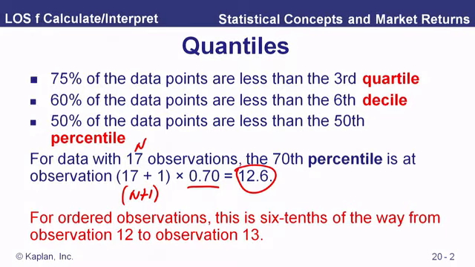So for ordered observations, this is 6/10 of the way from observation 12 to observation 13. So remember the formula n plus 1 times the percentile as a decimal, 0.7 here, gives you the position. Then we have to look at all the observations in order and find that position.